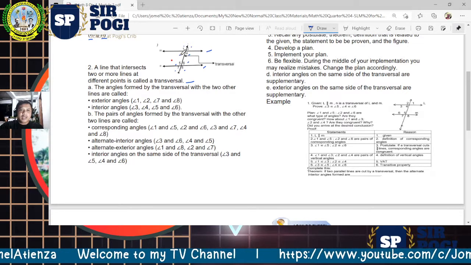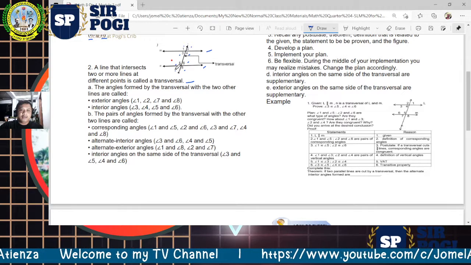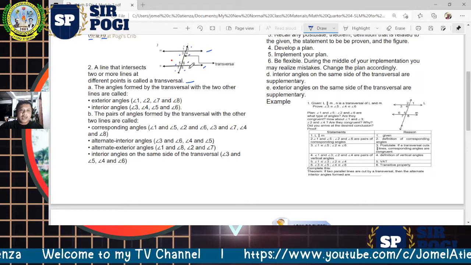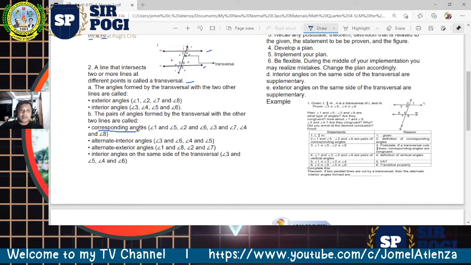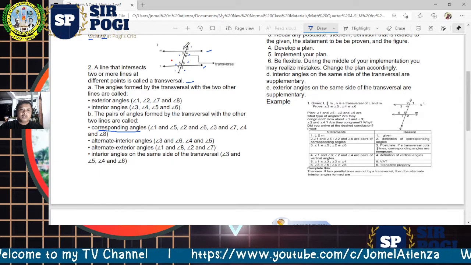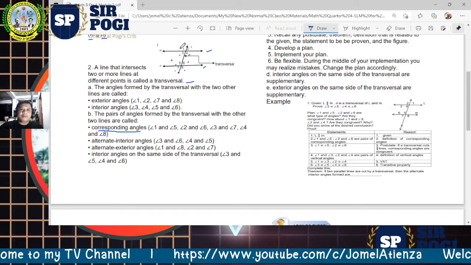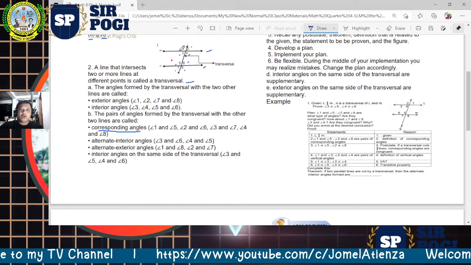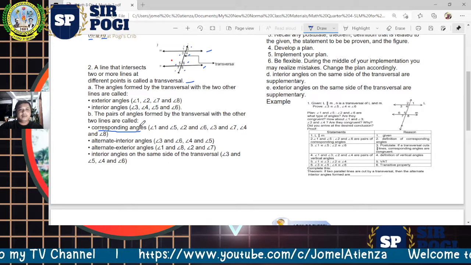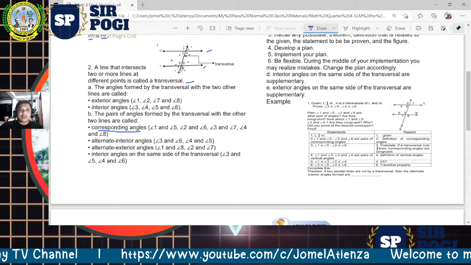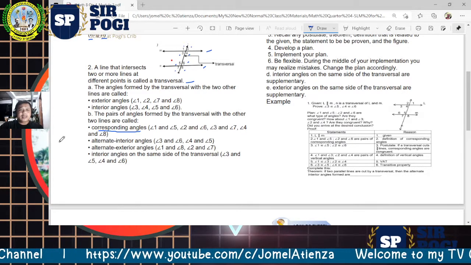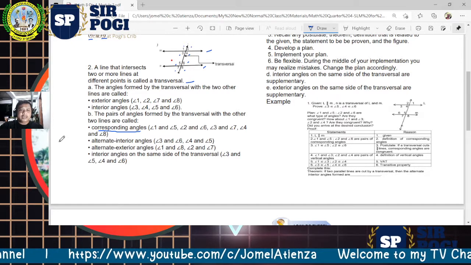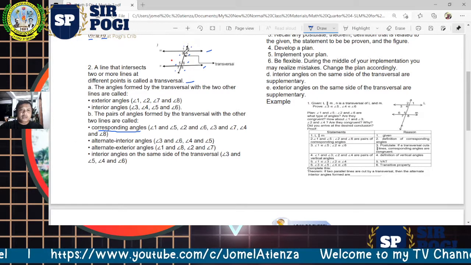We have angle 3 and angle 7, 4 and angle 8. So, yun po yung tinatawag natin corresponding angles. Yun yung tinatawag natin magkapareho sila ng pwesto ng angle sa ating parallel lines which is cut by transversal.